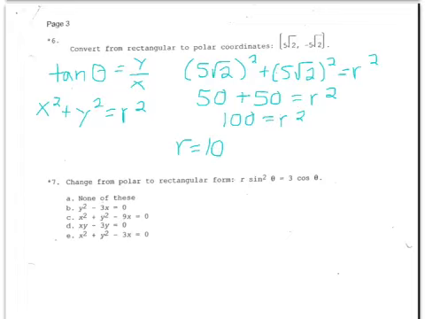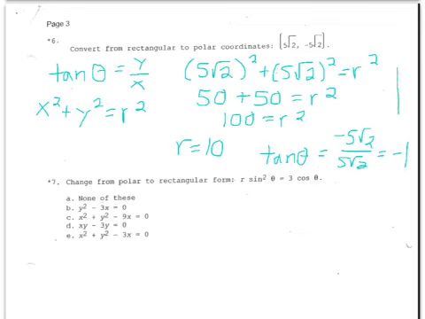All right, next thing we need to do is determine the angle. So we know that tan theta equals -5√2 over 5√2, which is -1. And remember, the quadrant that this coordinate is in is important.